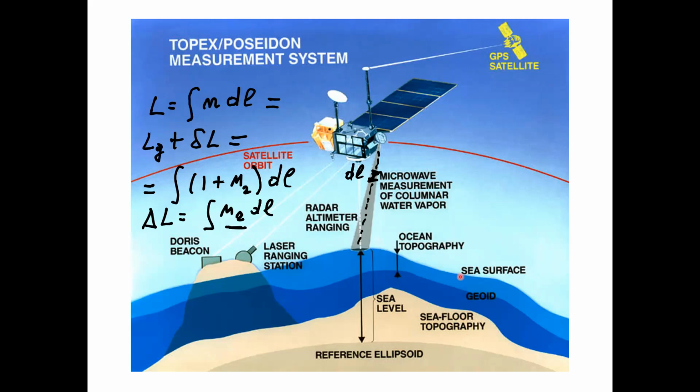So all cartographic systems are based on the geoid. Our height is such and such above sea level. Okay, because sea level is a surface which is equipotential under the influence of the gravity field of the Earth and the centrifugal potential, the rotational potential. So it is an equipotential surface.